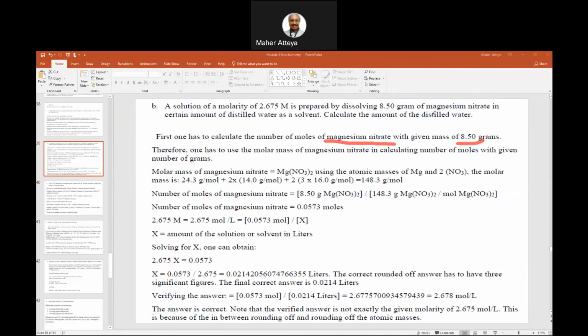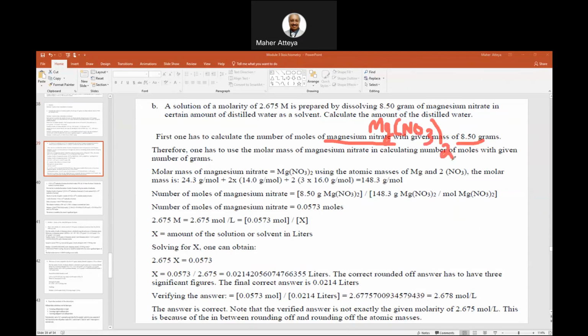But magnesium nitrate has to be Mg. You have to know the formula. If you don't know the formula, then all your calculations for the molar mass are not correct. So you can have the periodic table ready. That's the nitrate. Magnesium is in the second group, so it will be 2. So Mg(NO3)2, 2 nitrates, 1 magnesium.